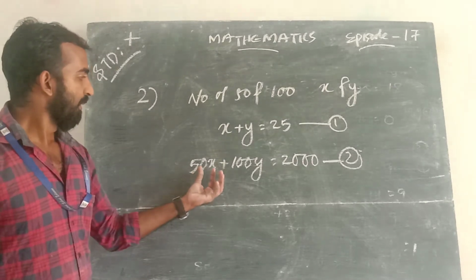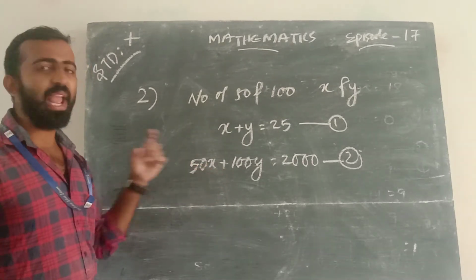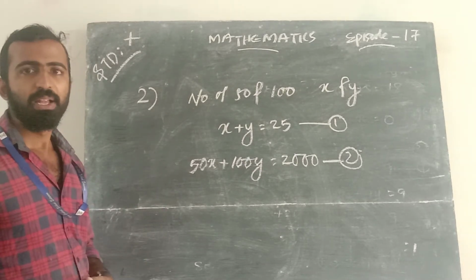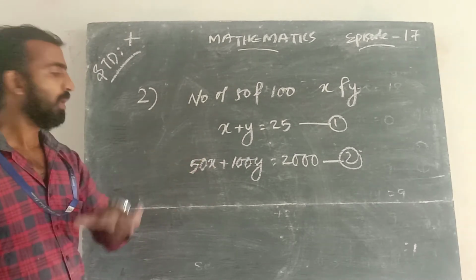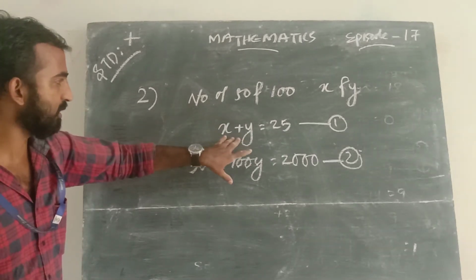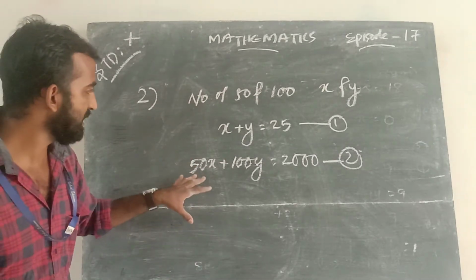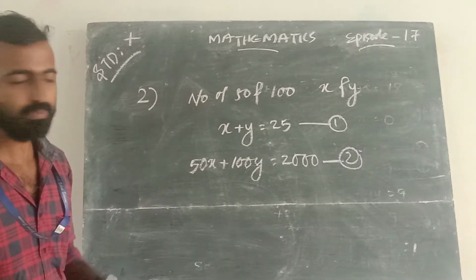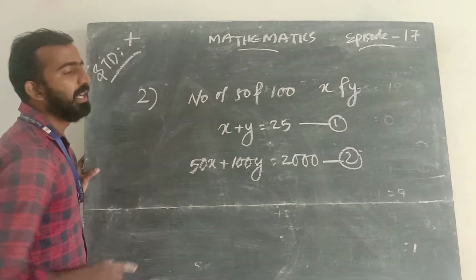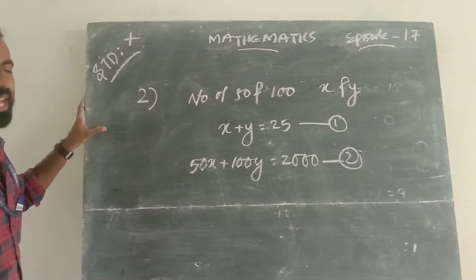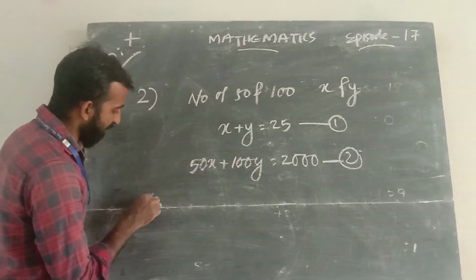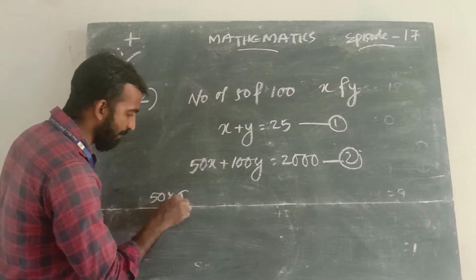That is, when we multiply 50 into x, we get the amount. Is it? 5 into 50, we get 250 rupees. This means total amount. Here we can write, when we rearrange the coefficients, we multiply equation number 1 by 50.